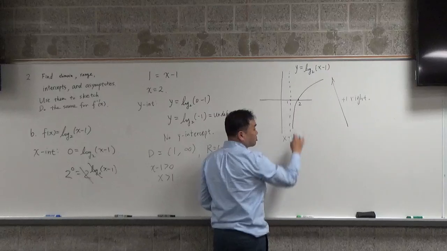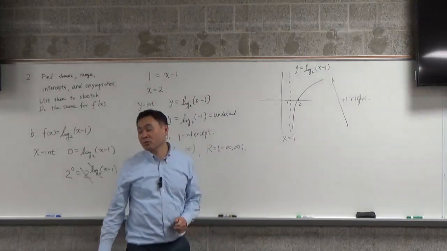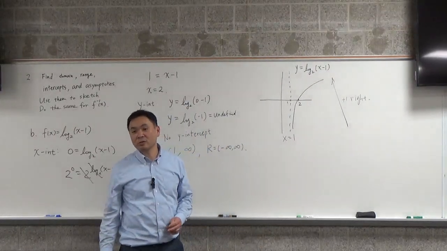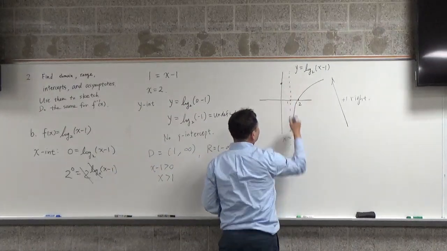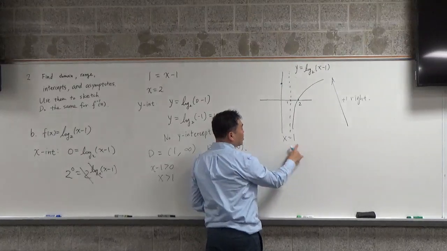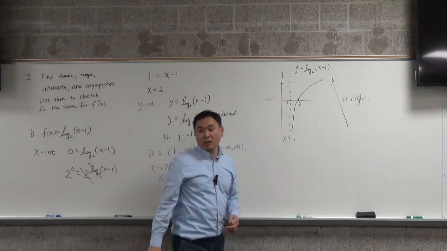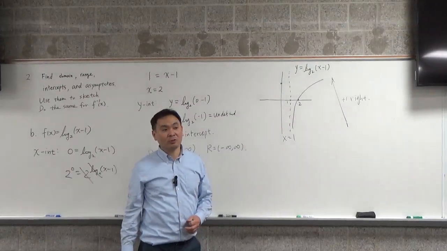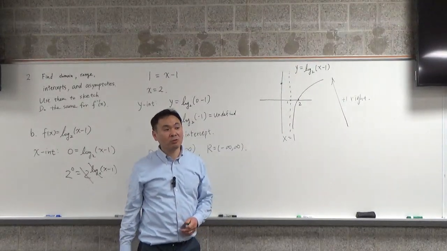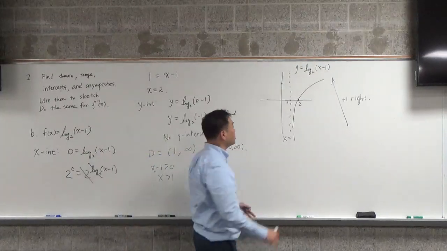Okay, if it passes through 2, 0, where does the inverse function pass through? 0, 2. Where is that? 0, 2 is over here. Right? If x equals 1 is a vertical asymptote, what kind of asymptote does the inverse function have? Horizontal with y equals 1.